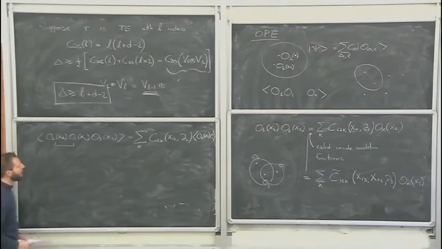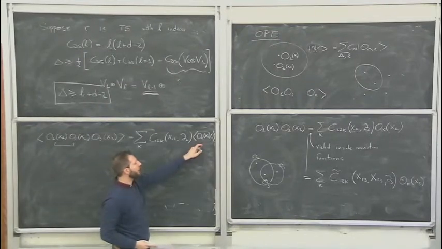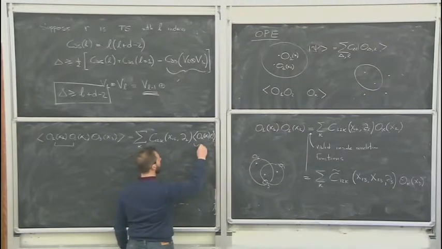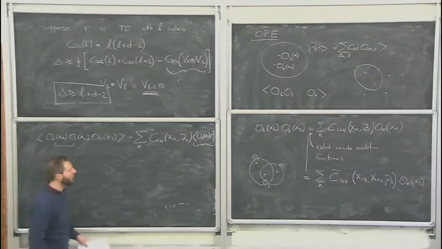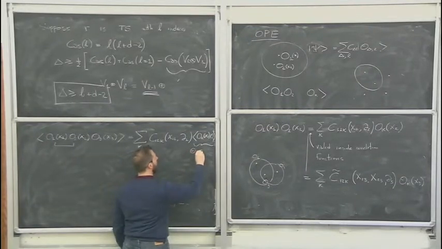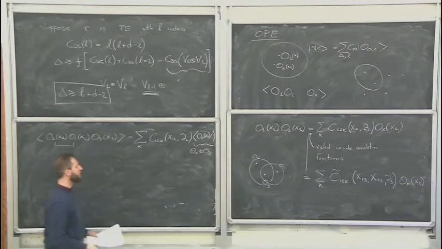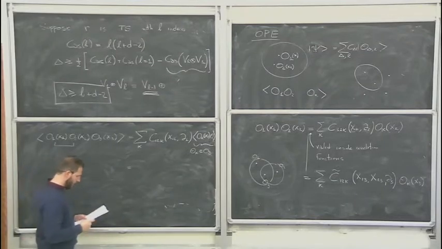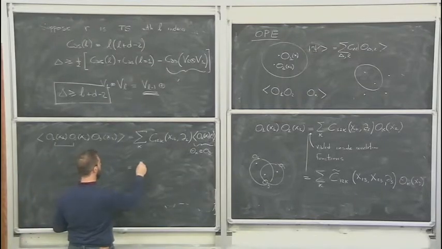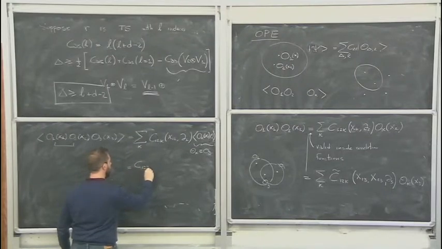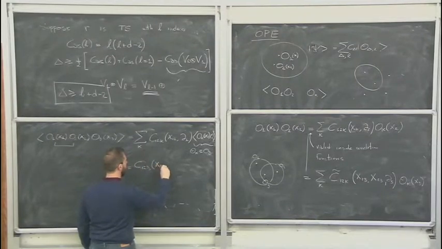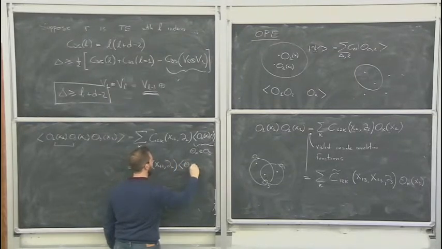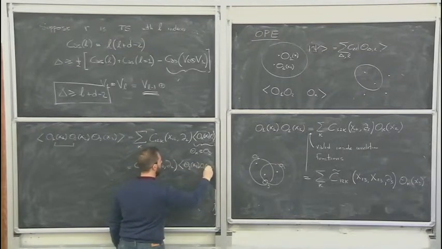But this object here, we know that this is a two-point function, and two-point functions are diagonal in the space of operators. So this term will be non-zero only when O_k coincides with O3. And so this infinite sum actually reduces to a single term: C_{123}(x12, ∂2) acting on the two-point function of O3 of x2 and O3 of x3.